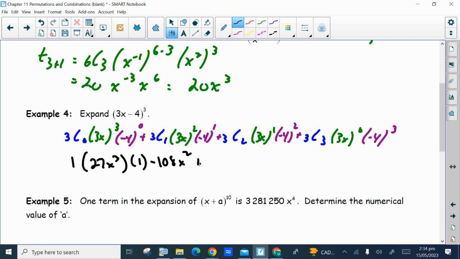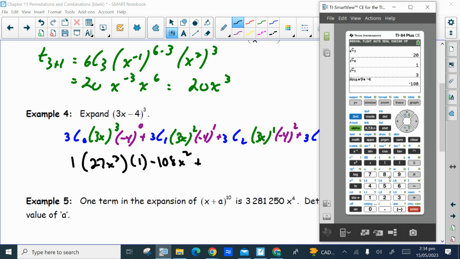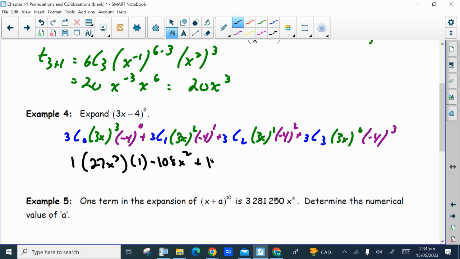The next term is going to be positive because the negative 4 is all squared. But first it starts with 3c2, which is also 3, times 3 times negative 4 all squared is 16. Gives us 144. And the last term will be negative because the negative 4 is cubed. 3c3 is 1, times 3x all to the power 0 is also 1.